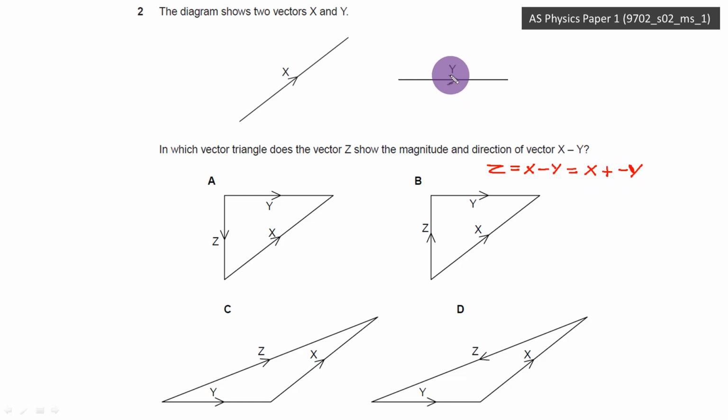So if vector y is in this direction, minus y is in the opposite direction. So this is minus y. So the vectors that we are dealing with are vector x and vector minus y. These are the vectors that we are adding. Remember, we are doing addition.